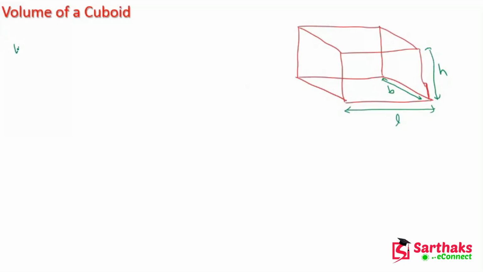Again, the volume of a cuboid is equal to base area into height.